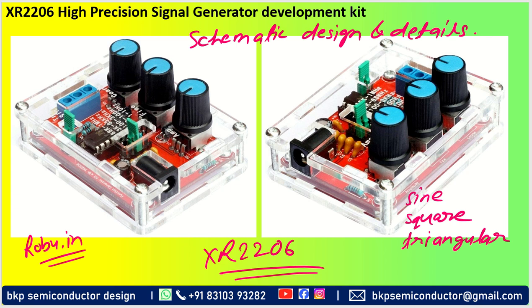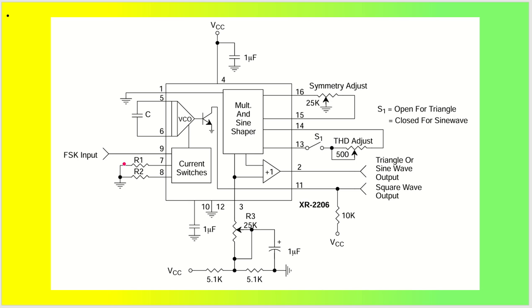If you talk about some of the circuits given in the data sheet itself, there are a lot of basic test circuits given. With this circuit you can see there is one switch here, or maybe I have put just a jumper short. For that you can utilize: open for triangular and closed for sine wave.